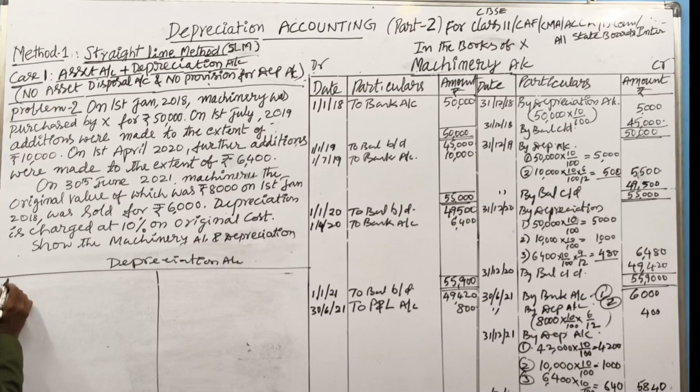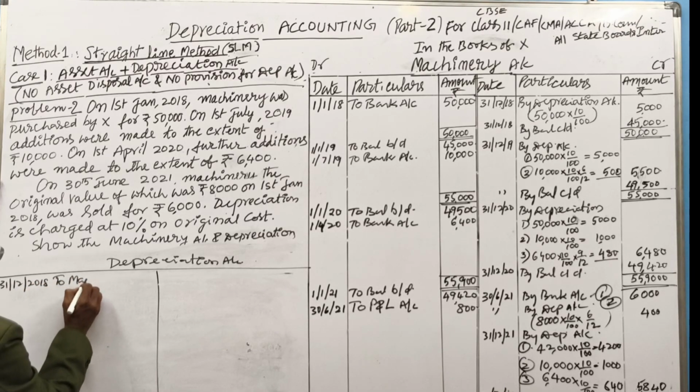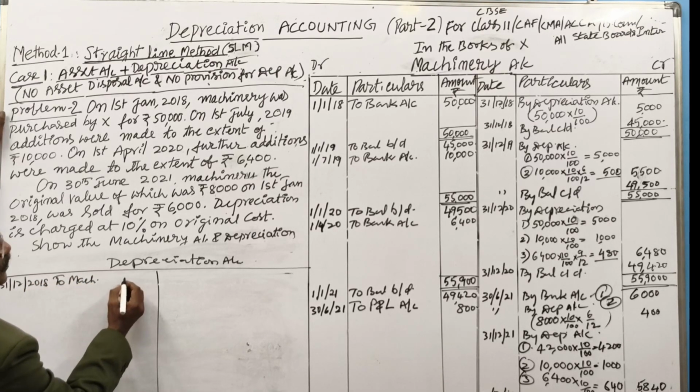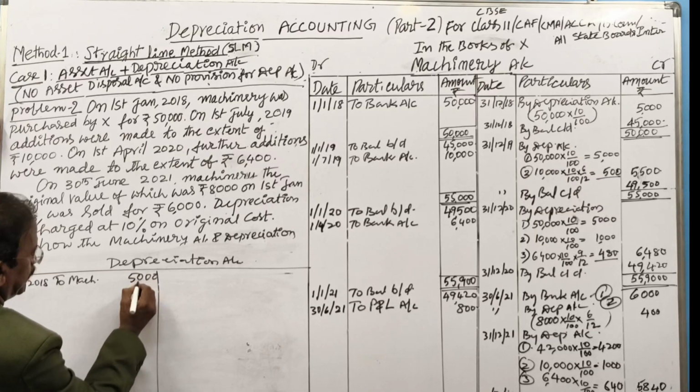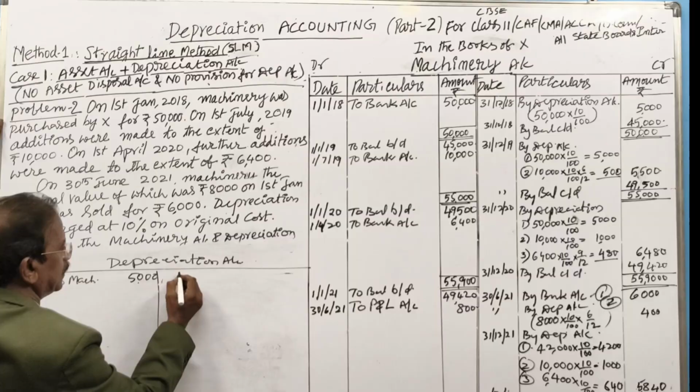First year 2018, the date is the ending date, 31/12/2018, to machinery. How much? 5,000. The same amount is transferred to the profit and loss account, putting the same date here.